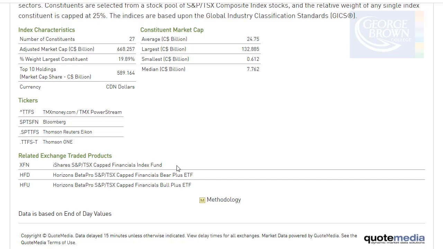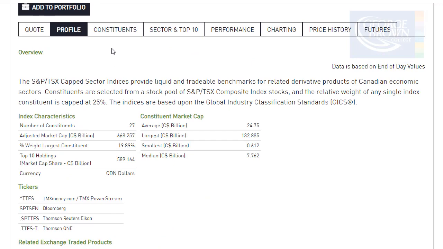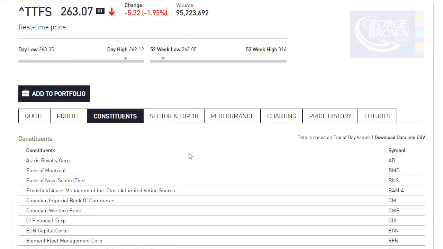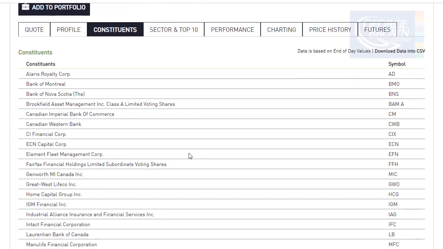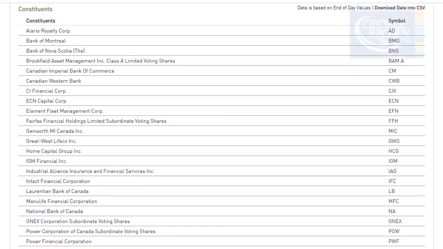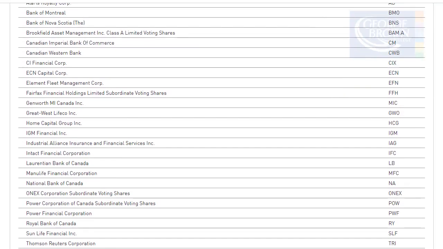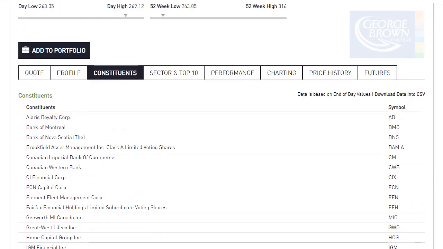I will look at that later to show you where I can drill down and get more information, because here if I click on constituents, it's going to give me the list of the 27 companies that are included, but it's in alphabetical order, and they're not going to give me their weightings in terms of the market capitalization, but I can get that from an index fund, the data from that website that's the fund that's replicating this index.